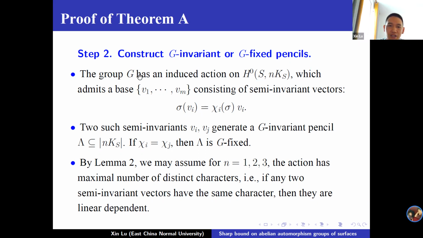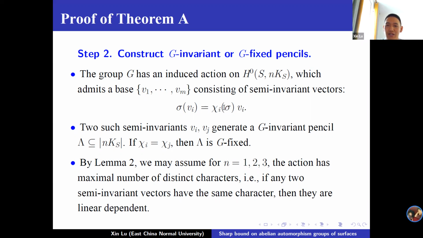That is, for any element sigma from G, the action of sigma on each basis vector Vi is diagonal, that is, sigma acting on Vi is equal to chi_i times Vi.